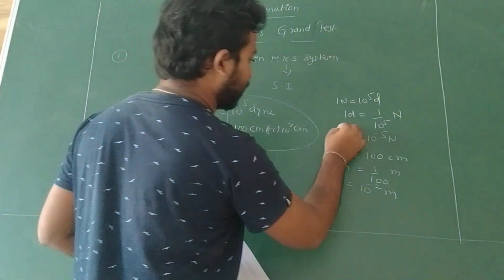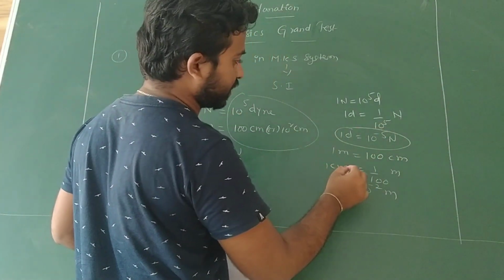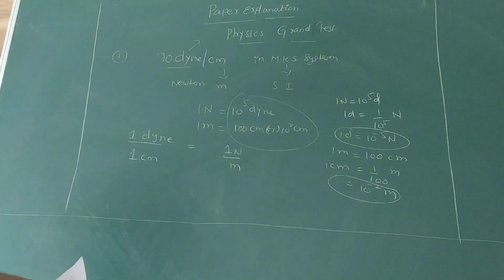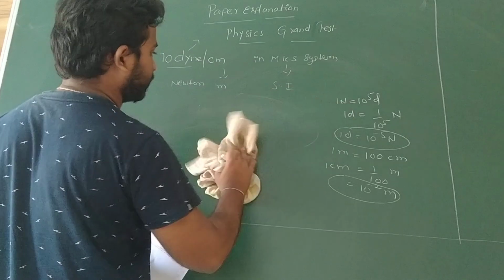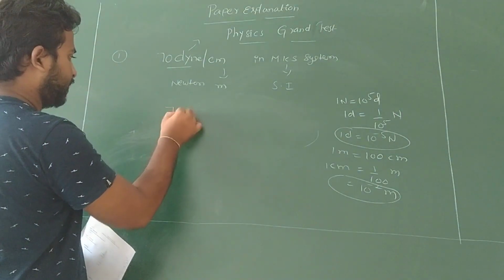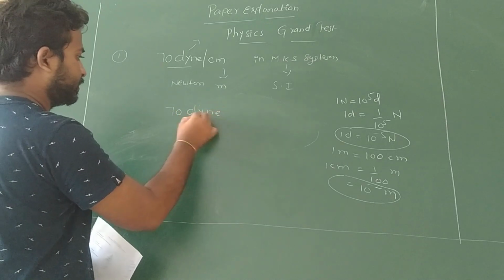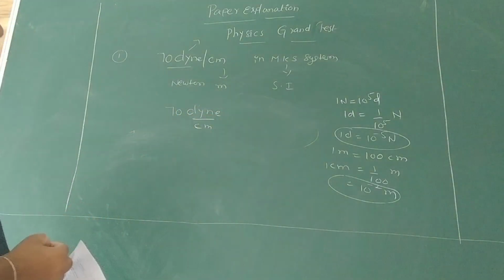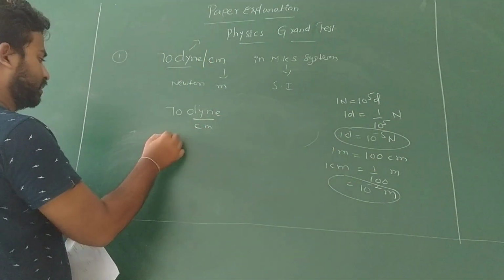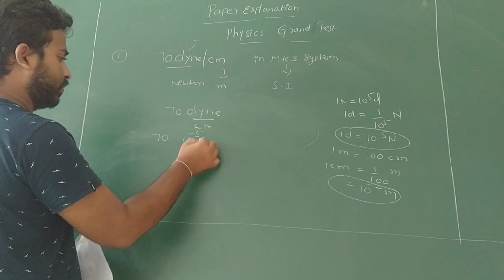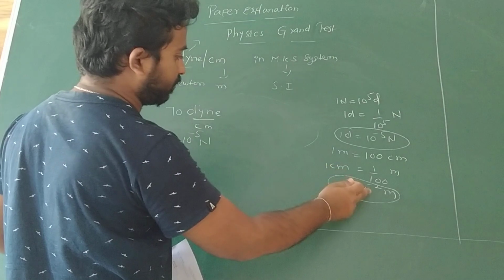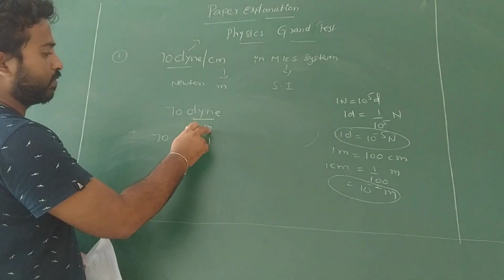So now you can substitute these values. 1 dyne equal to 10 power of minus 5 newtons. 1 centimeter equal to 10 raised to minus 2 meters. See, then 70 dyne by centimeter, right? 70 dyne by centimeter. But we know 1 dyne equal to 10 power of minus 5 newtons, then into 10 power of minus 5 newtons. So 1 centimeter equal to 10 power of minus 2 meter, but it is in the form of denominator.